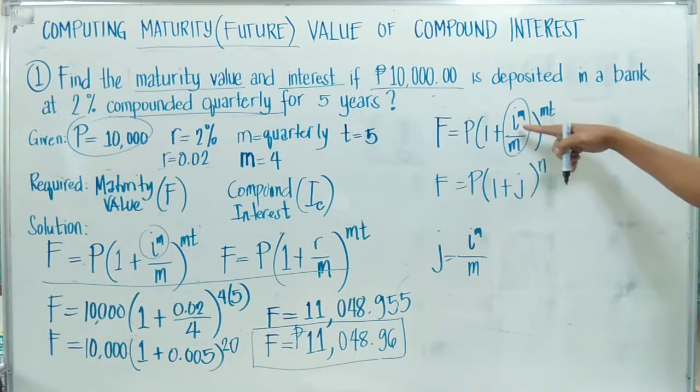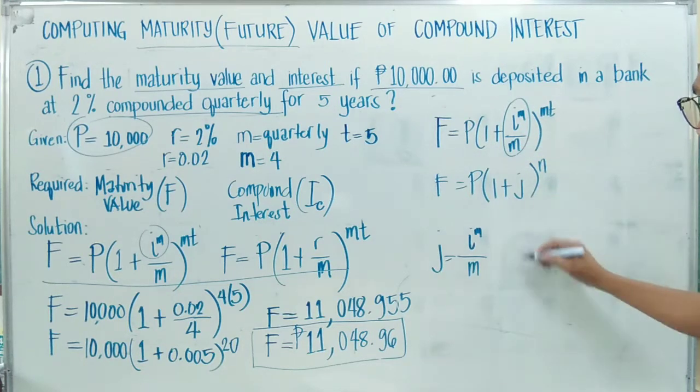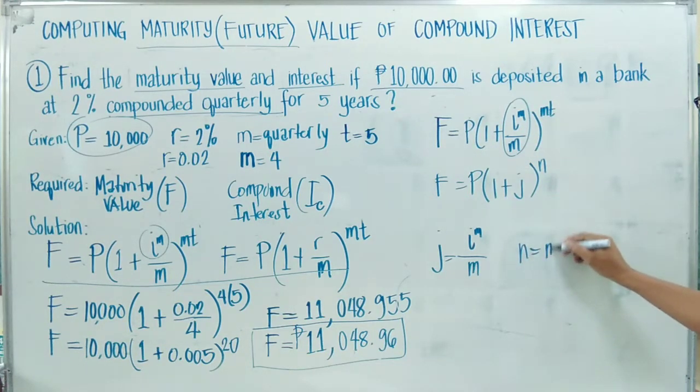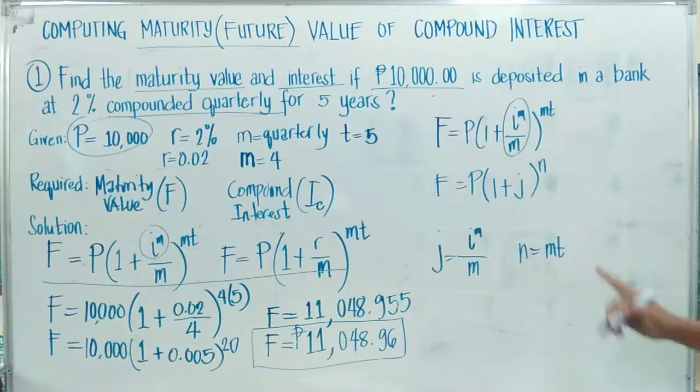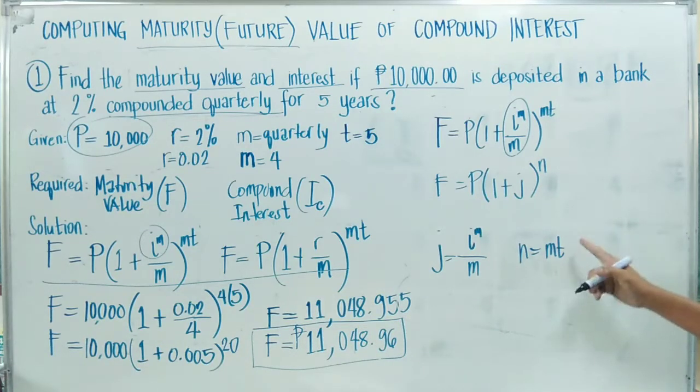So we have J is equal to I raised to m over m, and N is equal to m times t, the frequency of conversion times the term or time.